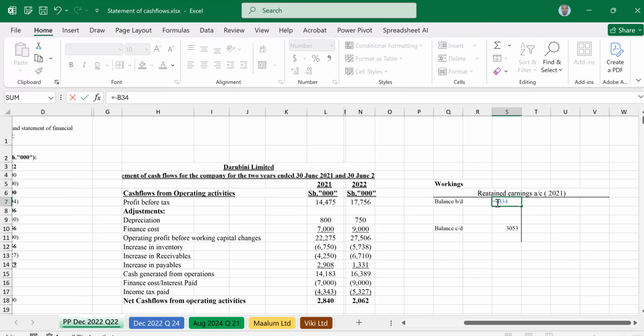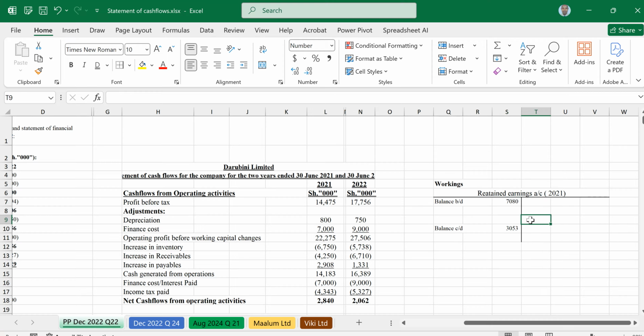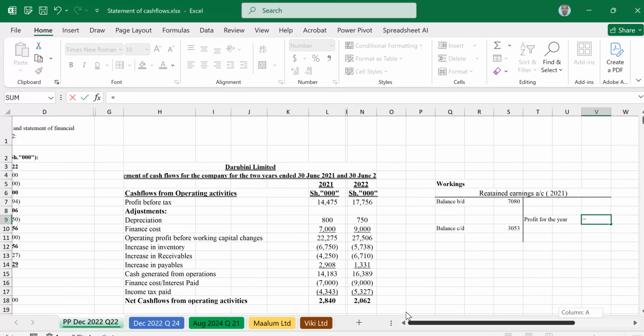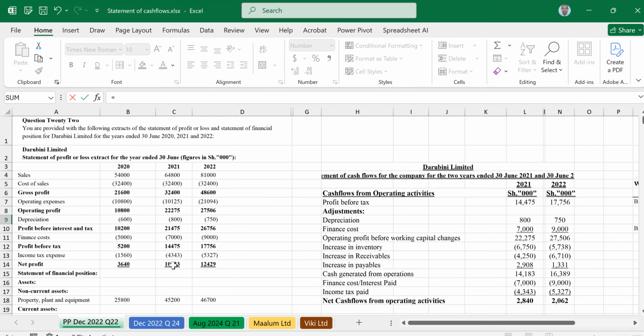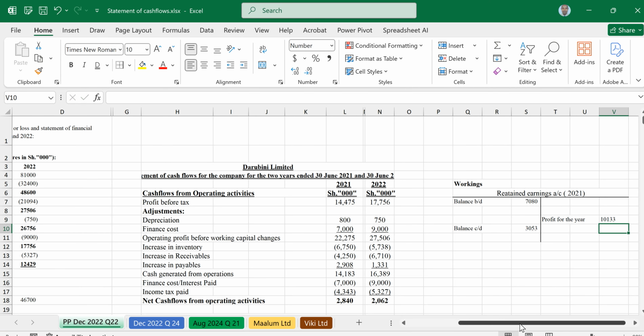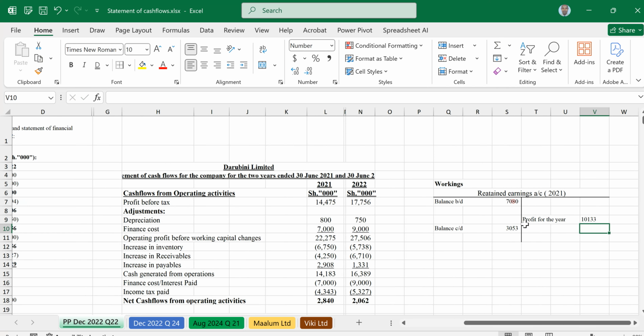Just negate it, 7,080. And the other one, profit for the year. What was the profit for the year after tax? It was 10,133. Then balance it and see if it's balancing.